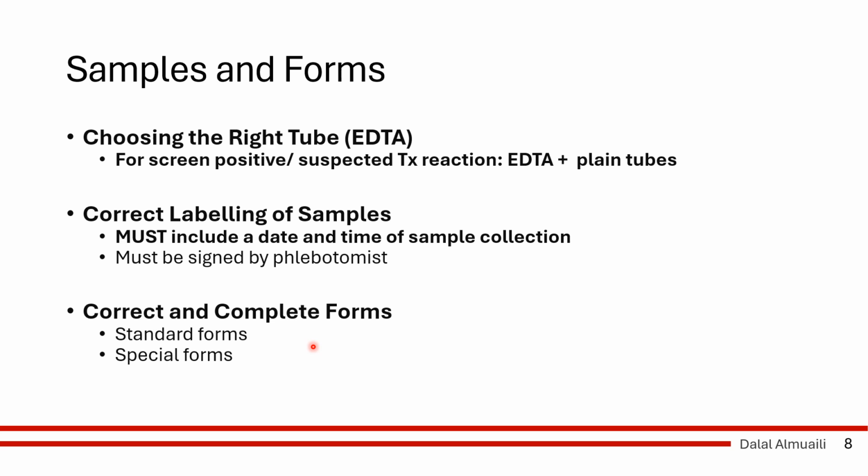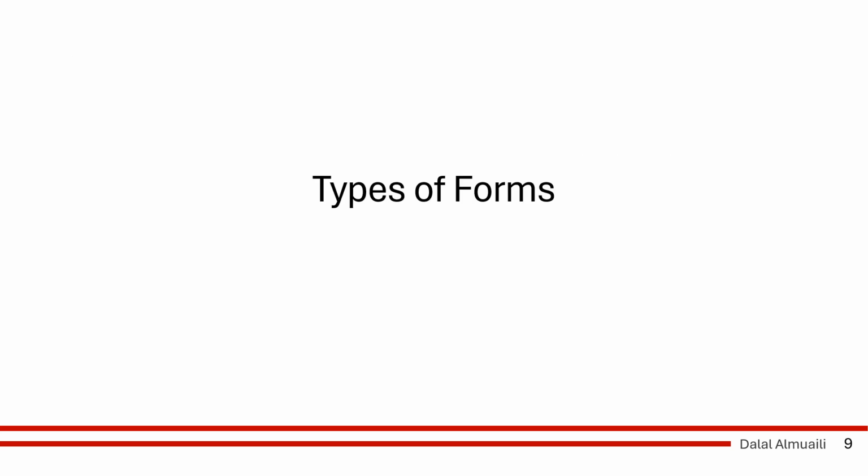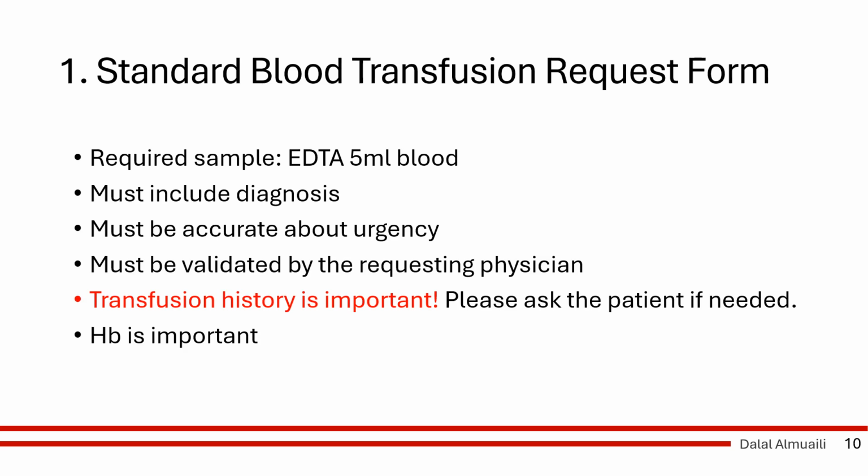The correct forms. There are in most hospitals what's known as standard forms, and there are special forms. So let's talk about forms a little bit. Most hospitals will have what's known as a standard blood transfusion request form.